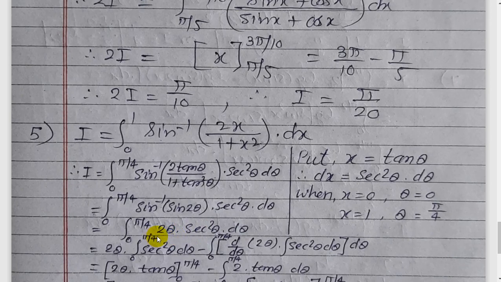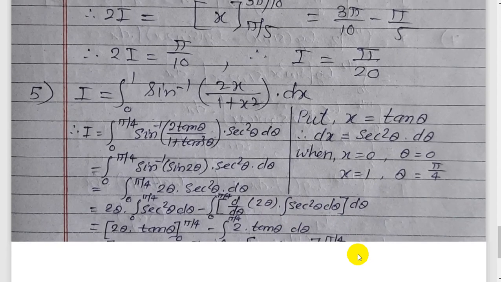Now, it can be expressed as u into v, or you can say integrating by parts. We get I equal to 2 theta into integral 0 to pi upon 4 sec square theta d theta minus integral 0 to pi upon 4 of a bracket, d by d theta of 2 theta into integral sec square theta d theta, whole d theta.